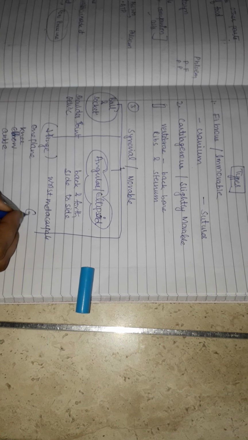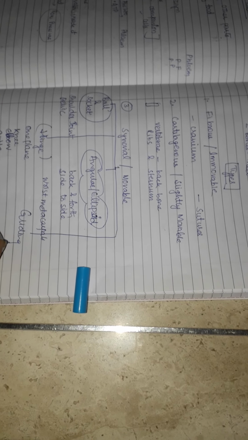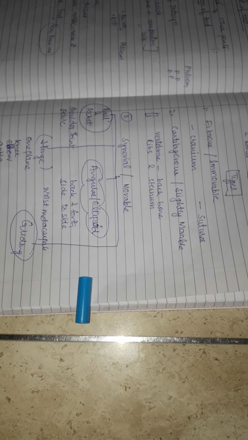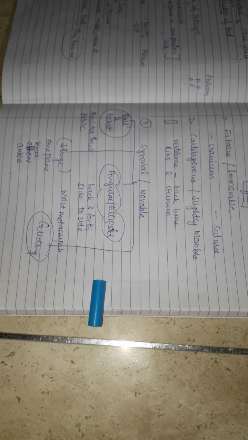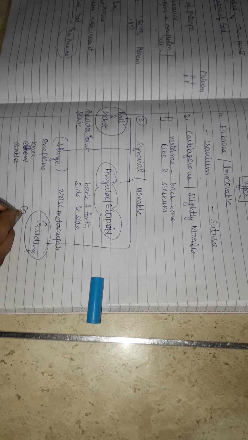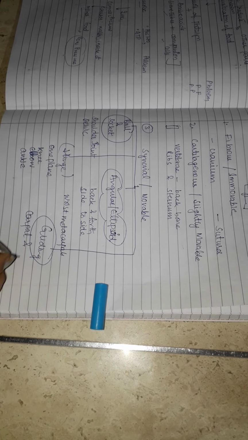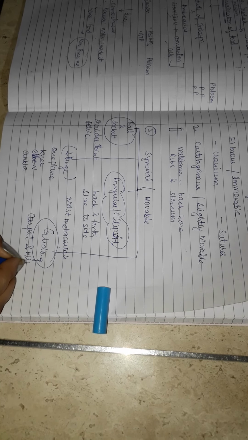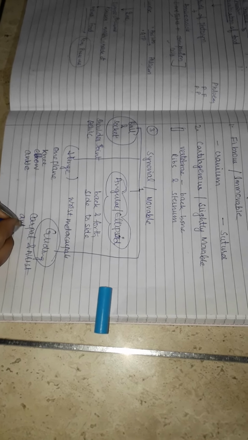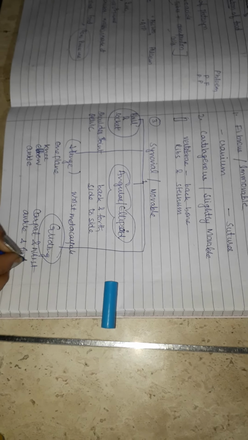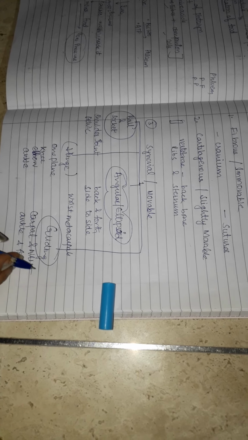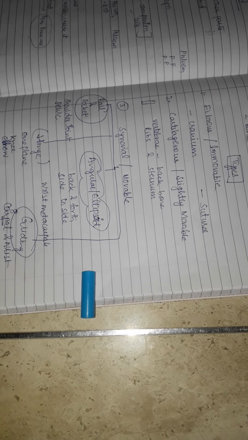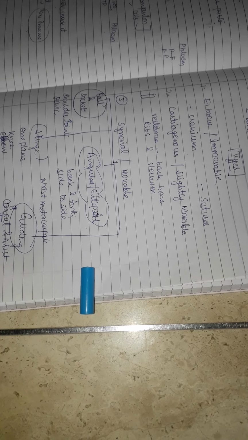The fourth type of joint is the gliding joint. In the gliding joint, there is sliding movement of two bones, which is present in the carpals and wrist, यानी कलाई और हथेली के बीच में, and ankle and foot के बीच में जो मूवमेंट है, that is because of the gliding joint. We know in the carpal there are 8 bones and in the ankle there are 7 bones.